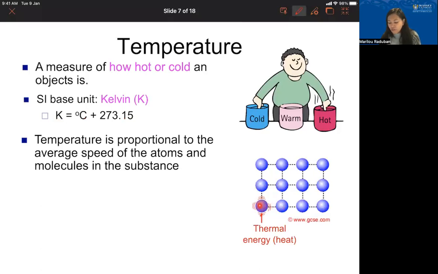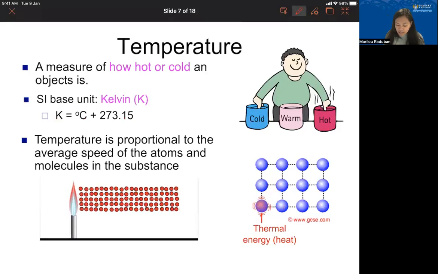And the collision of one atom with its neighbor will cause it to impart some of its energy, some of its thermal energy, to the neighboring atom. And so if we look at the microscopic behavior of the material, we will see that the temperature of the material will change because of the vibration of the atoms.